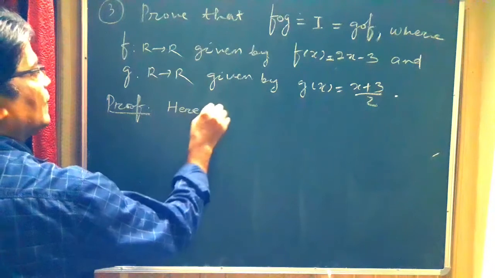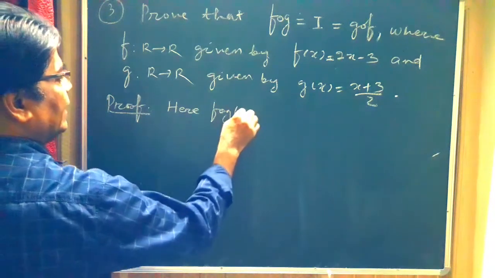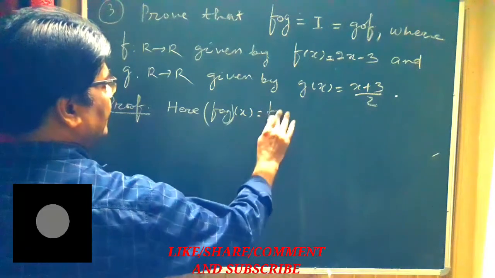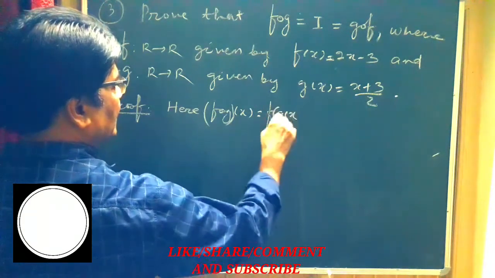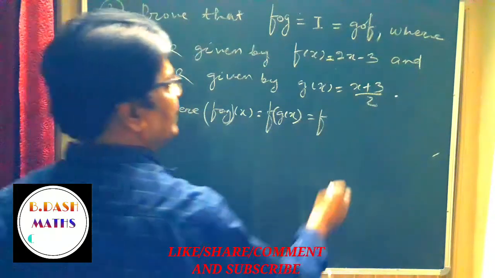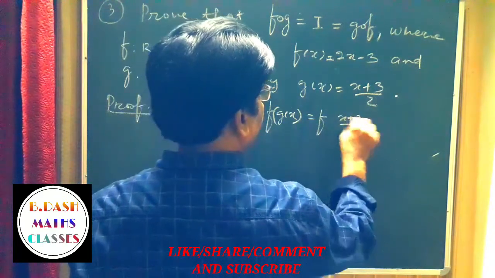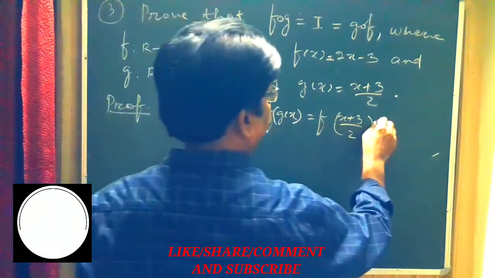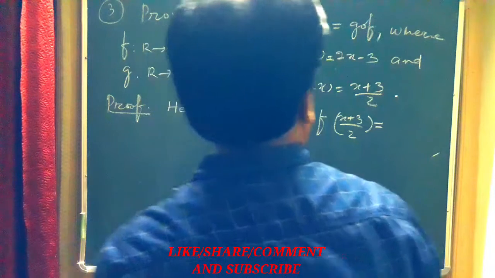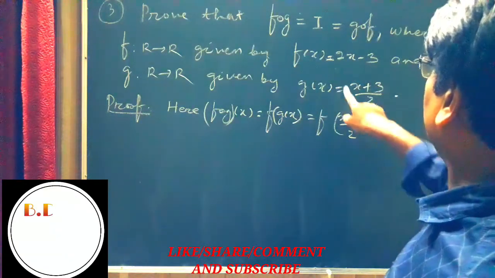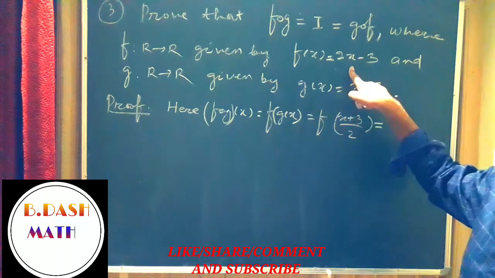Here f o g of x is equal to f(g(x)), and g(x) is (x + 3)/2. So this is equal to, here f(x) is equal to 2x − 3.